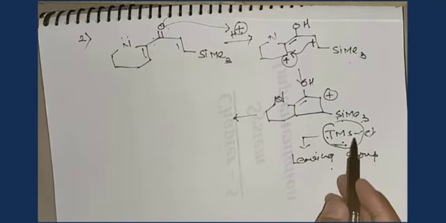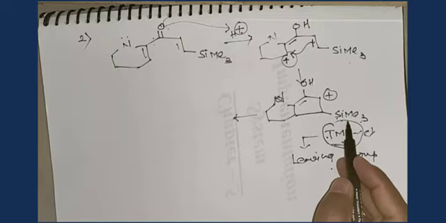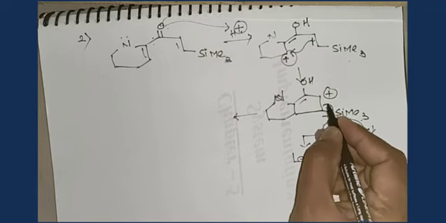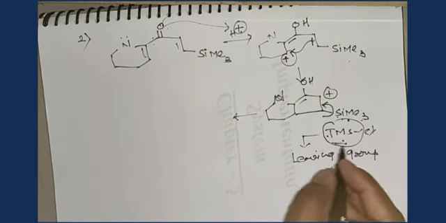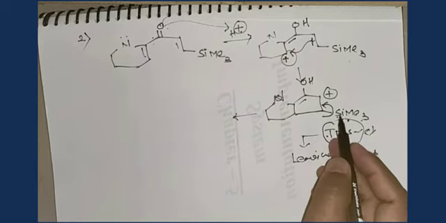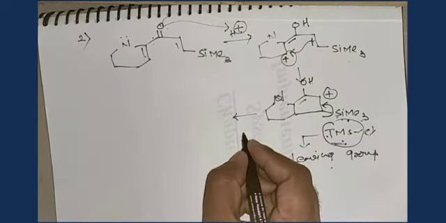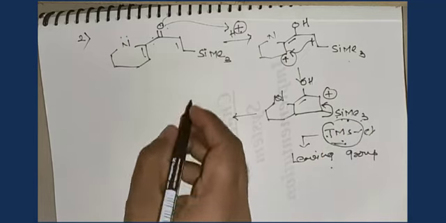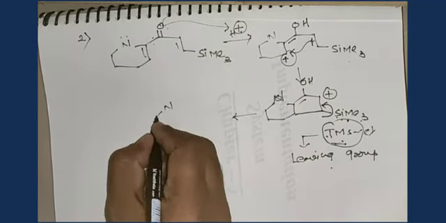So instead of leaving the H plus as in the regular Nazarov cyclization reaction, here this leaving group is removed as the trimethylsilyl cation, right? So it is removed as Me3Si plus, right? So here the bond is formed.